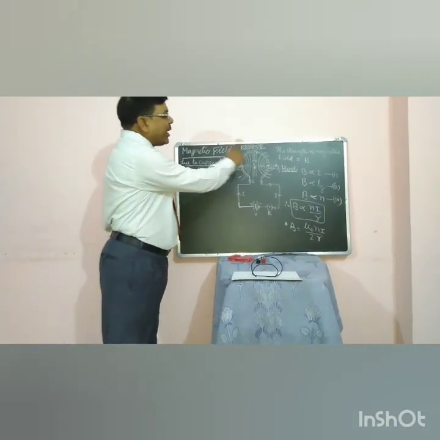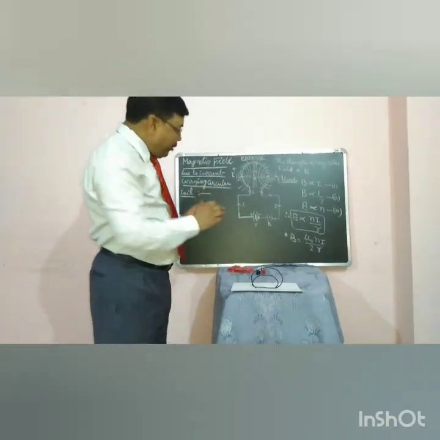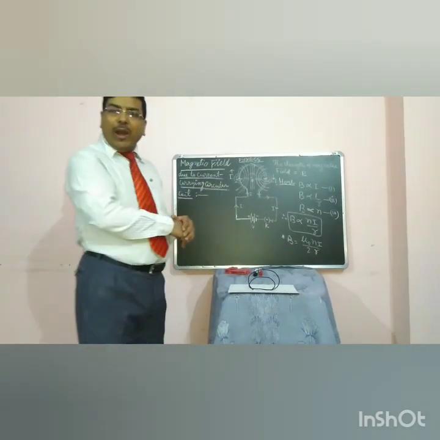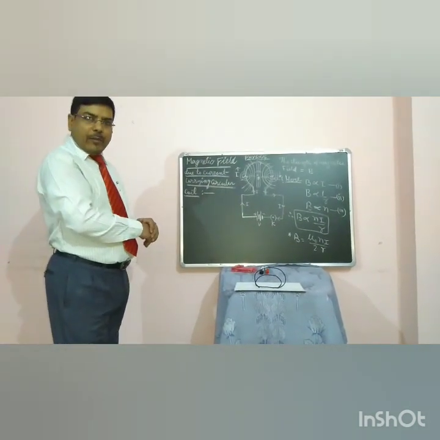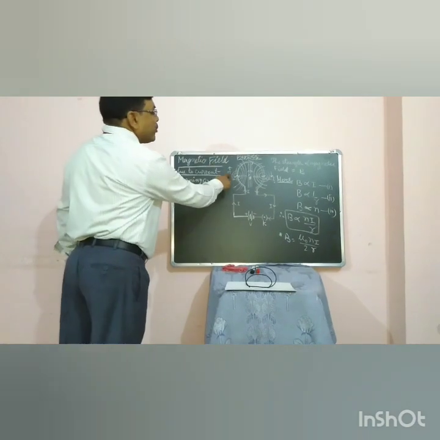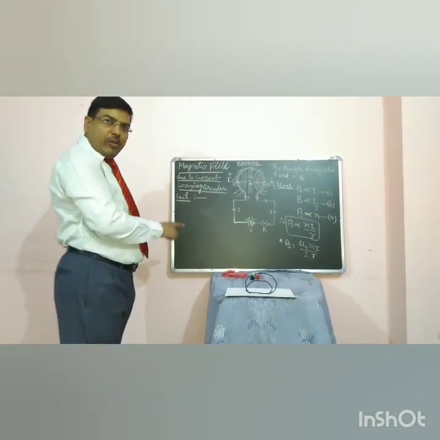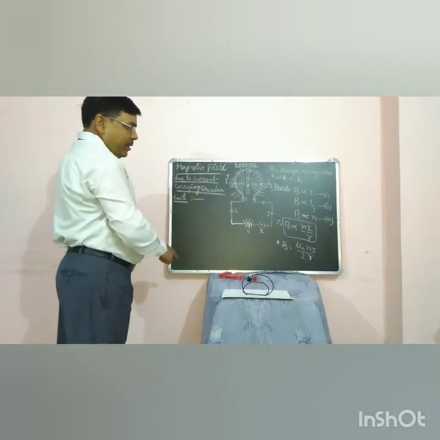It is observed that at every point of the circular coil, magnetic field lines are produced in the form of circles.